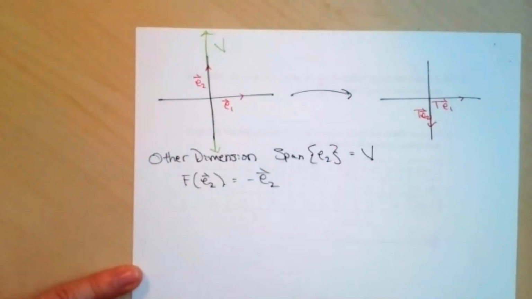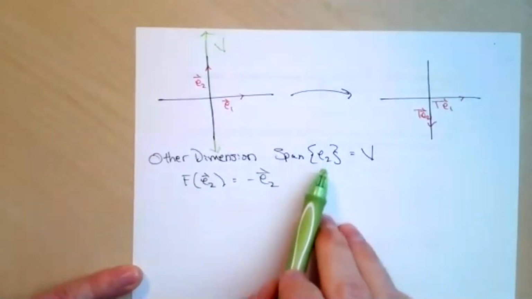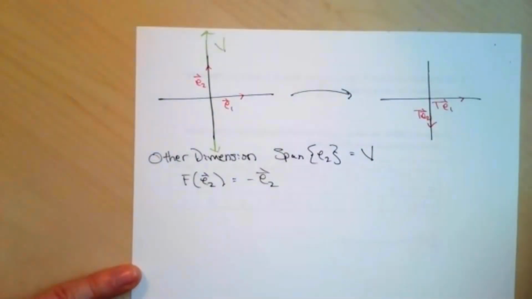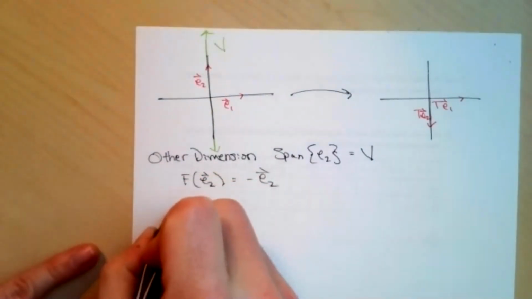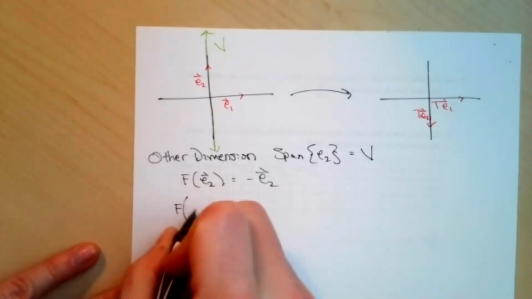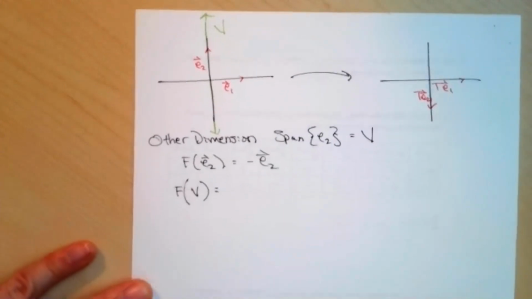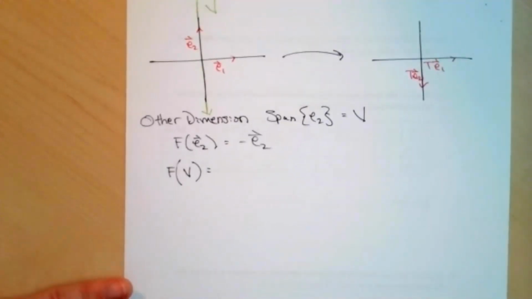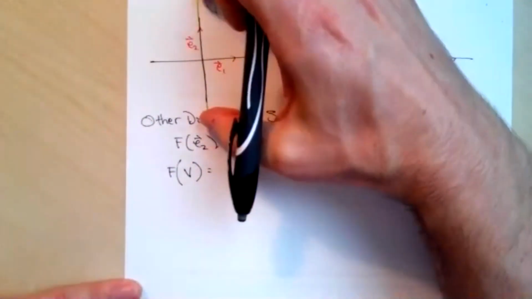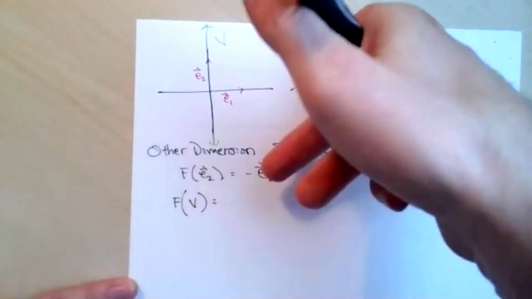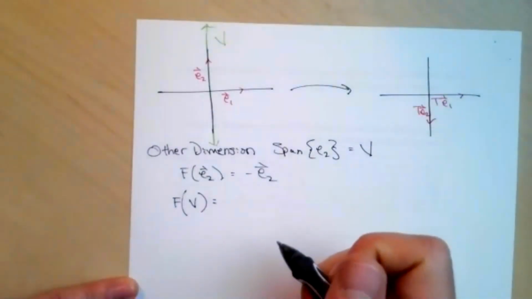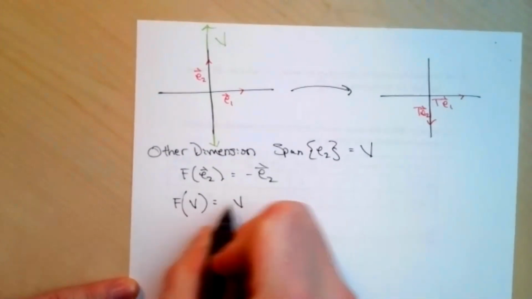So if we're looking not just at our basis element in particular, but at that direction as a whole, where is it going to be mapped under our linear transformation? It's just going to take that whole dimension and flip it, but it's going to remain the same.